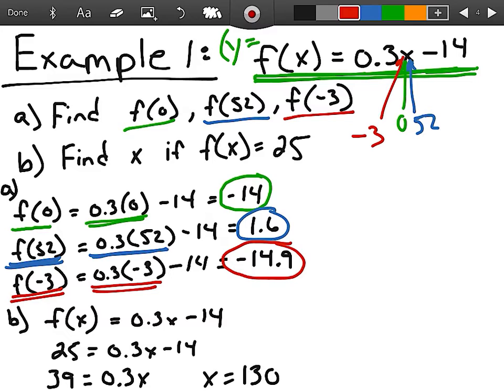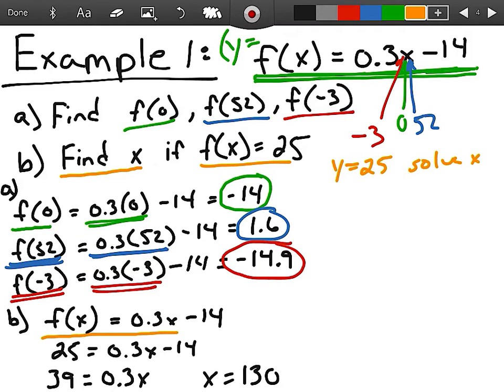for the B part, what they're asking is to find x if f of x is equal to 25. So basically they're saying y is equal to 25 and then solve for x. So I set up my original equation, which is the same as the one above. f of x is equal to 0.3x minus 14. But here I'm saying this f of x is equal to 25.